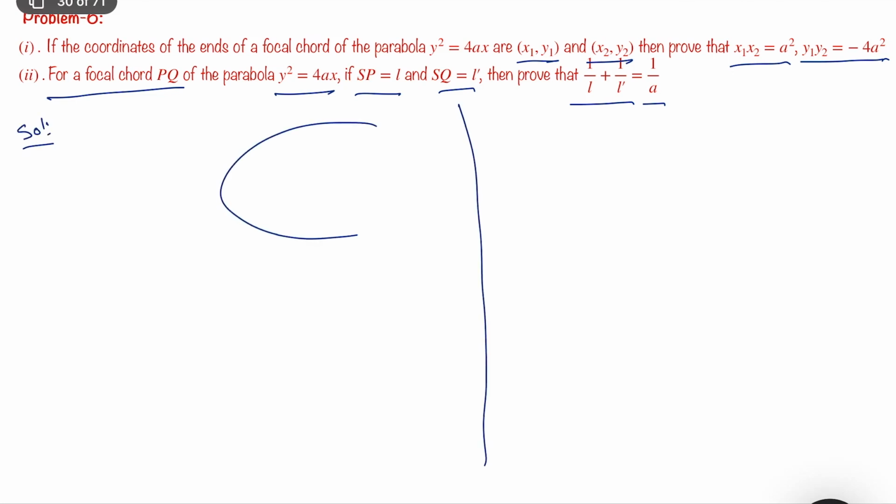Let me draw this parabola, which is the standard equation of the parabola. So it opens to the right side like this. Here is the vertex, which is (0, 0). Here is the focus at (a, 0). Let us say this is the focal chord whose endpoints are P(x1, y1), Q(x2, y2).